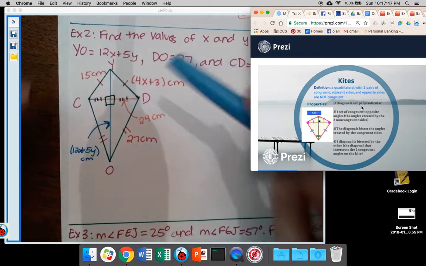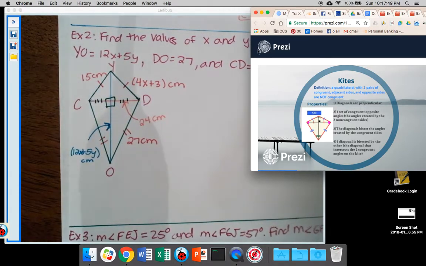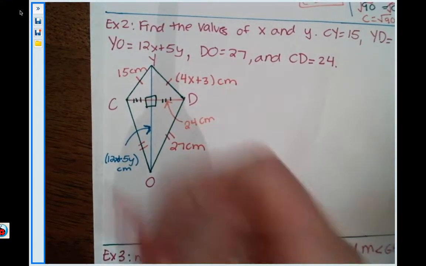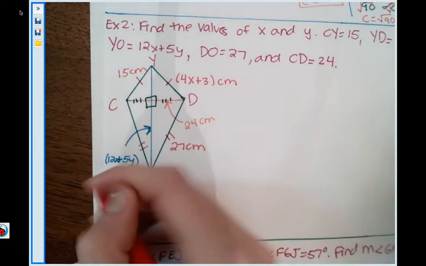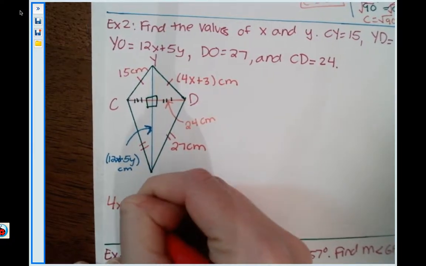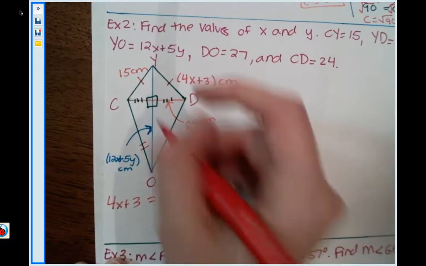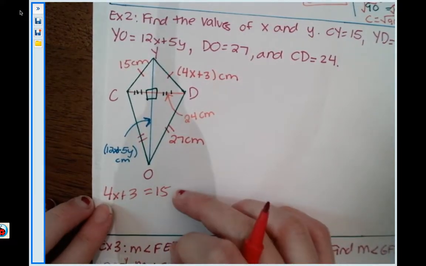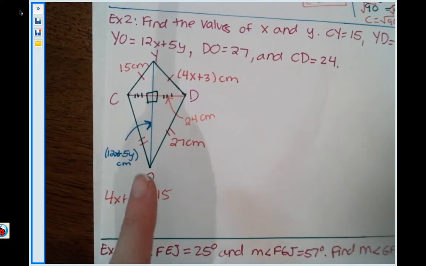Okay, so I'm going to start by setting these two sides equal to each other. So we have our 4x plus 3 equal to our 15 because the two sides are congruent. So let's solve this thing for x. So I need to get x on one side by itself.